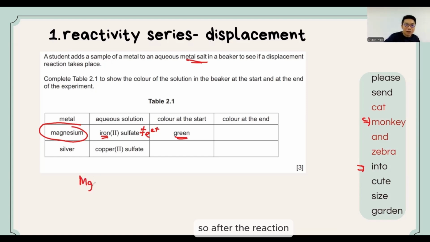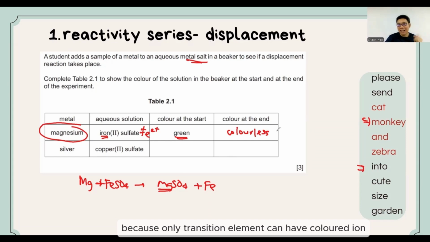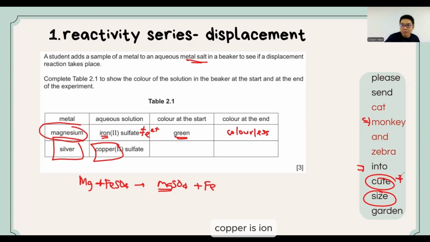So after the reaction, magnesium is group 2 based on the periodic table, no color, because only transition elements can have colored ions. If you need this information, you can refer back to my previous video about the periodic table. Next, silver and copper. Copper is an ion, so nothing will change. So the copper ion is initially blue, and at last is still blue.